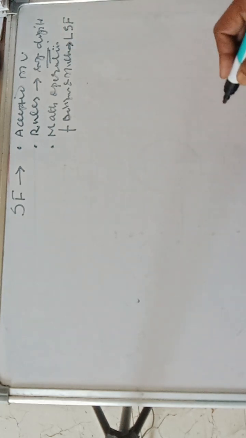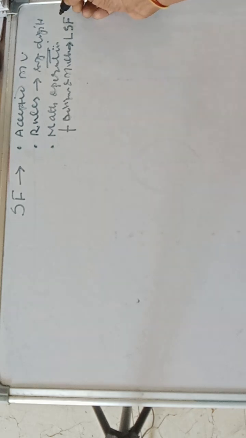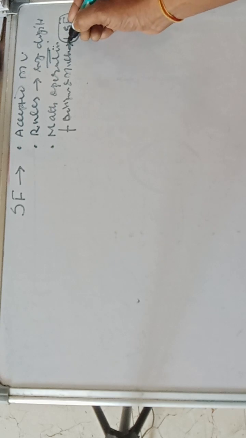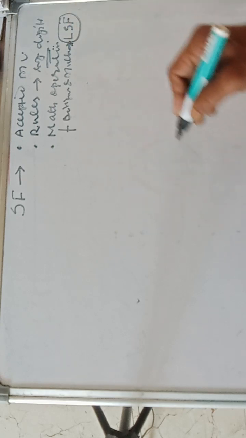That means the quantity having fewer significant figures will play the key role and the final result will have the same significant figures.